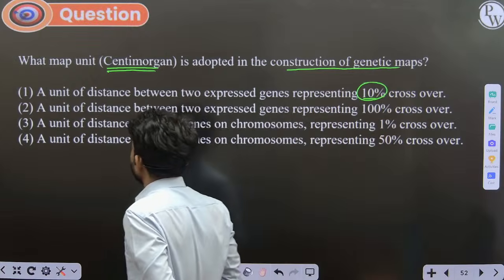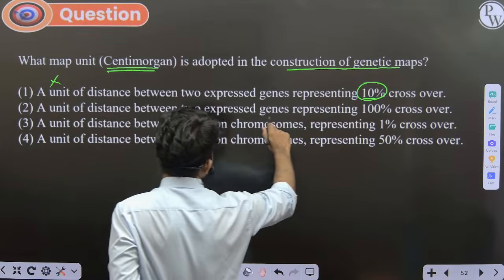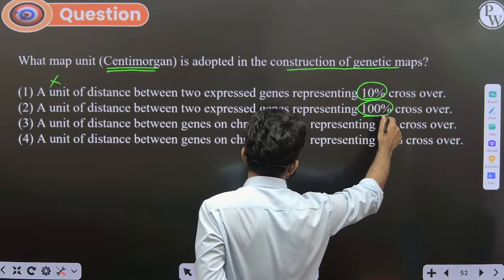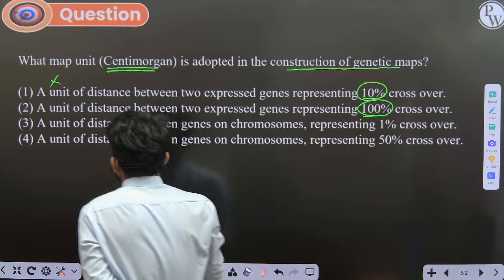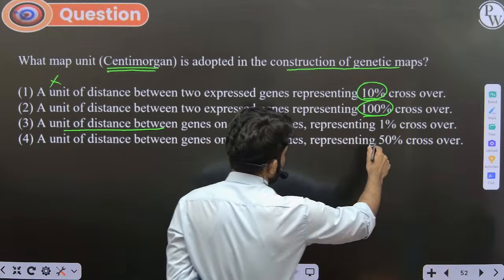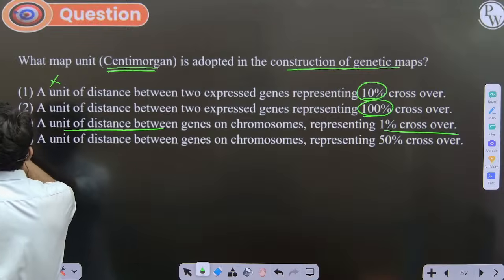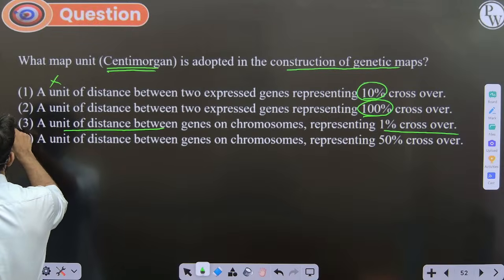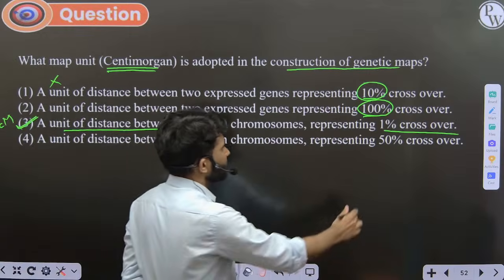A unit distance between the two extremes of 100% is also not equal to 1 centimorgan. The unit distance between genes on a chromosome representing only 1% crossover indicates 1 centimorgan. The correct answer is the third one. Again, here it is 50%.